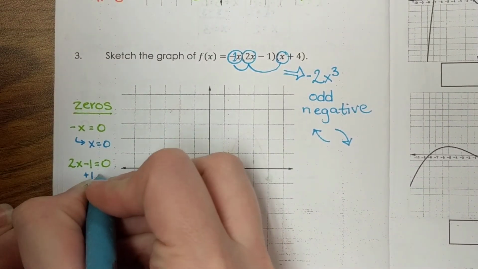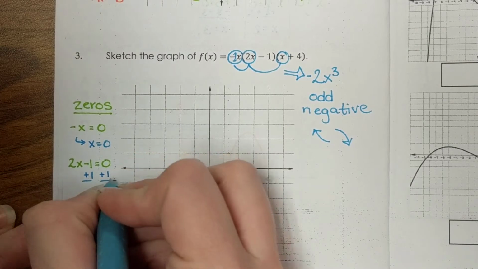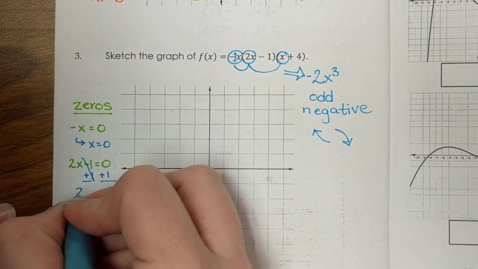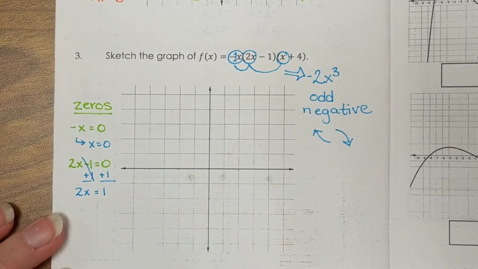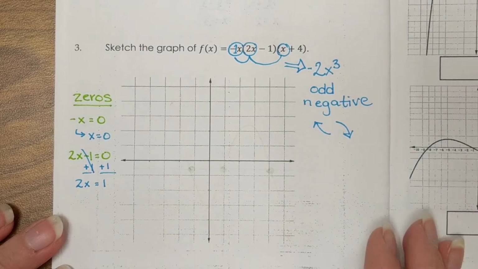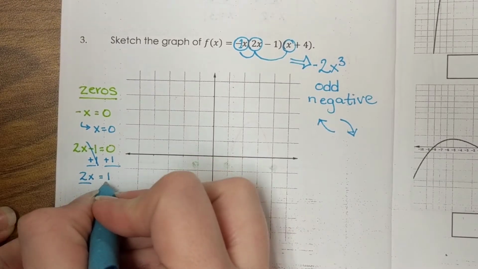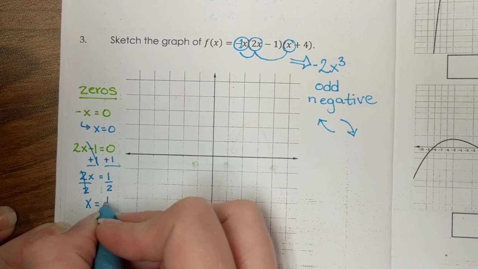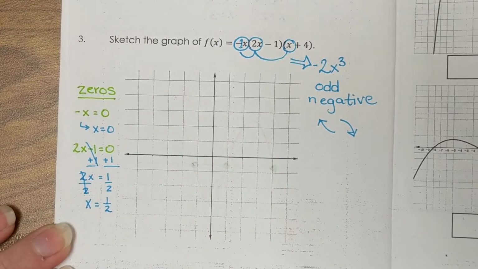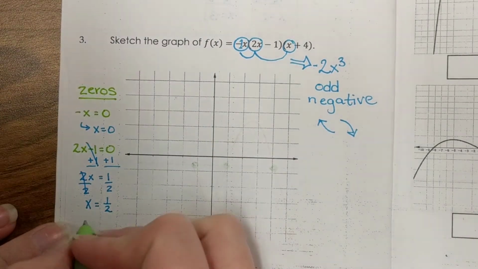You're going to add 1 to both sides. So you're going to get 2x equals 1. And then you see how it says 2 times x. Remember, the opposite of that would be dividing by 2. So you should get x equals 1/2. Right? And then the last one should be easy, right?